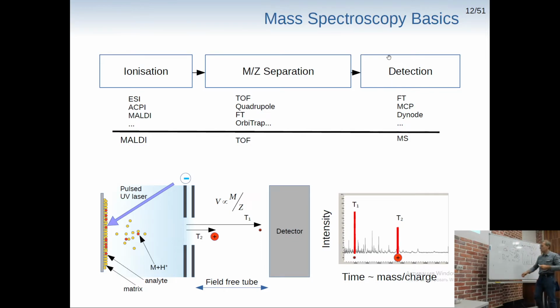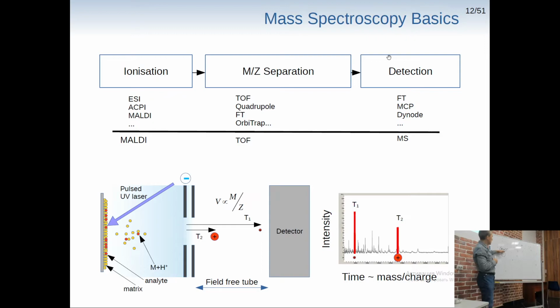The first type to be described is actually quite an easy idea. For instance, if you have some means of ionization of our analyte which will provide us with just single-charged ions, let the ion be the mass of our analyte plus a proton, and it will also have a positive charge.